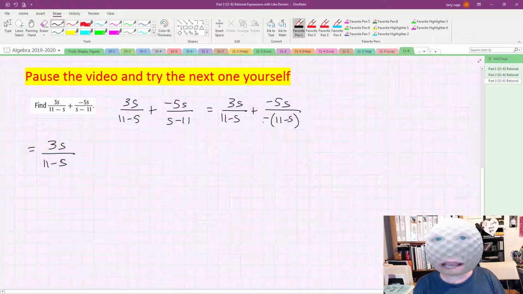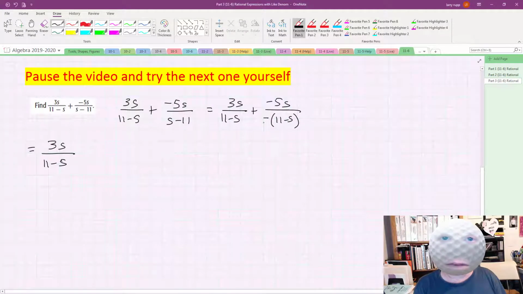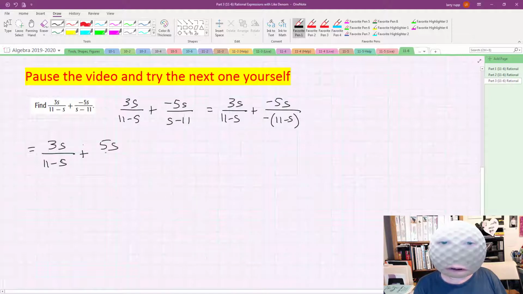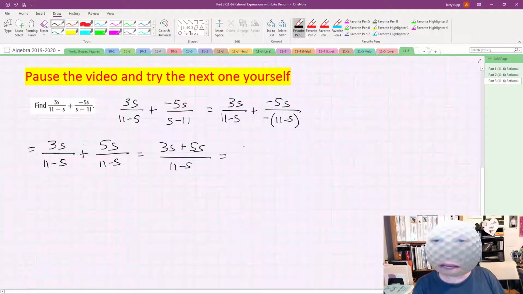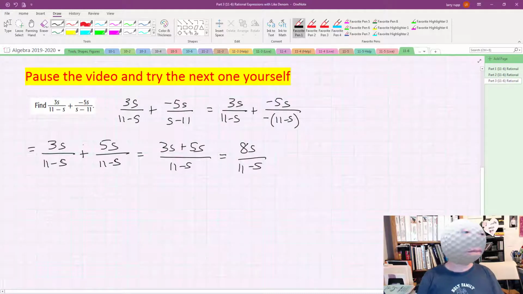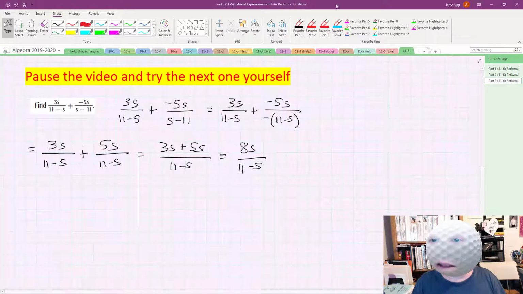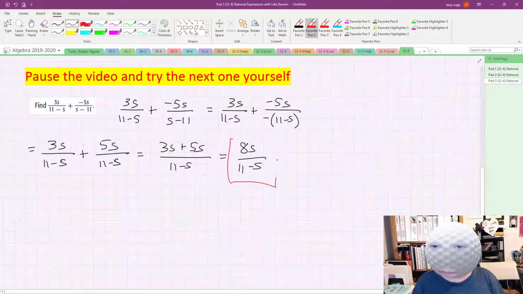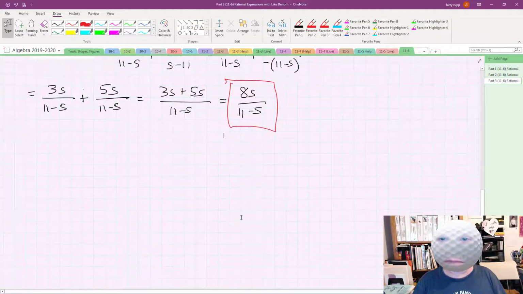If you have a negative over a negative, what's that give you? It gives you a positive. So we have plus 5s over 11 minus s. Okay, so we have 3s plus 5s over 11 minus s, and that gives us 8s over 11 minus s. Okay, and that's our answer.